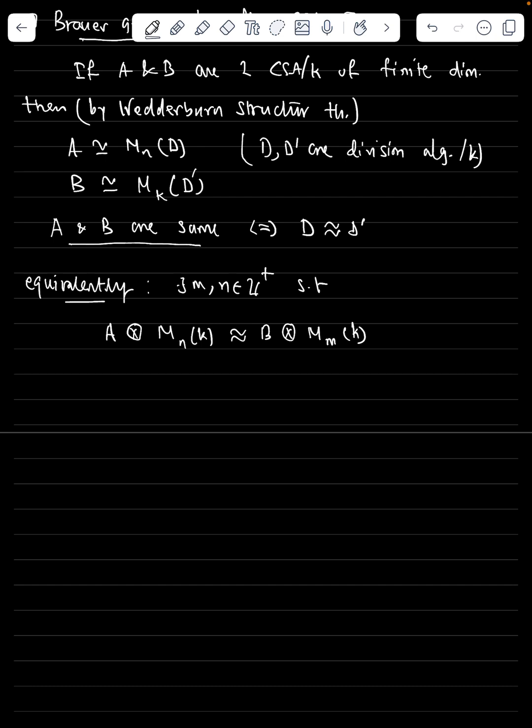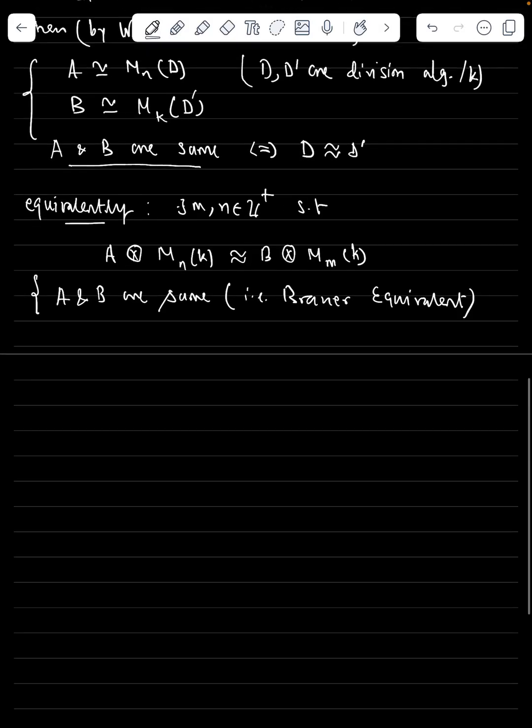So these two things are actually equivalent. In this way we are getting an equivalence relation, and in that way we are getting another equivalence relation. So we say A and B are the same, or in other words, Brauer equivalent. It's not difficult to check that these two identifications are actually the same by using the structure theorem and some isomorphisms, but these are really easy to check. Basic non-commutative algebra.